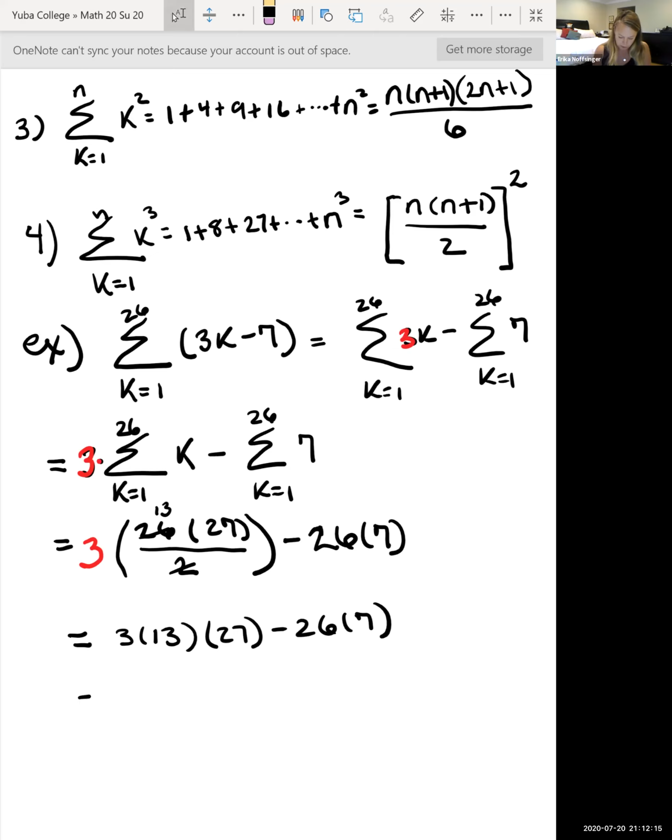So first grouping, I get 1053 minus 26 times 7. That's 182. Which is equal to 871.